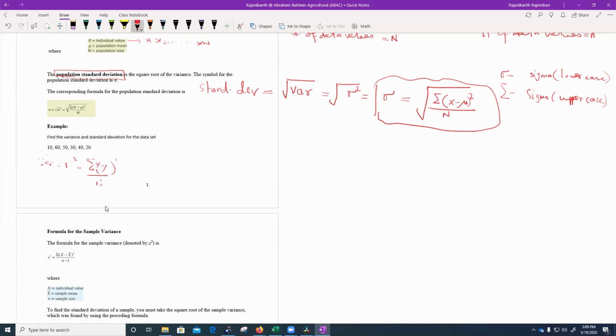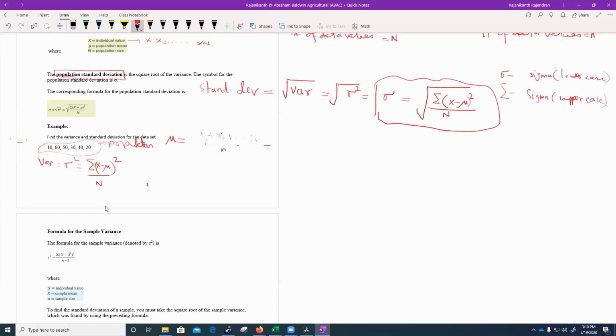So first of all, we will find mu. What is mu? You could consider this as the population, because we are doing a problem on the population standard deviation and variance. You may have a sample also here, but in this case, I'm considering this as the population set. Therefore, I'm finding the population mean mu, which is given by the formula: you simply add all the data values, then divide by the number of data values. If you look at this problem, how many data values are given? 1, 2, 3, 4, 5, 6.